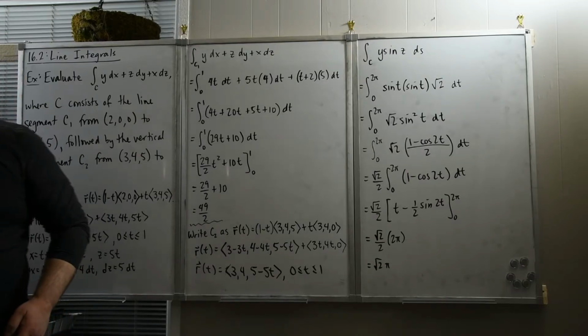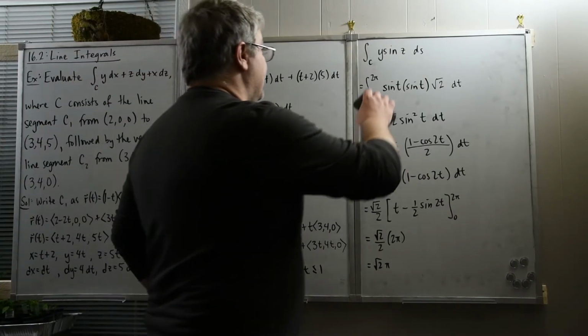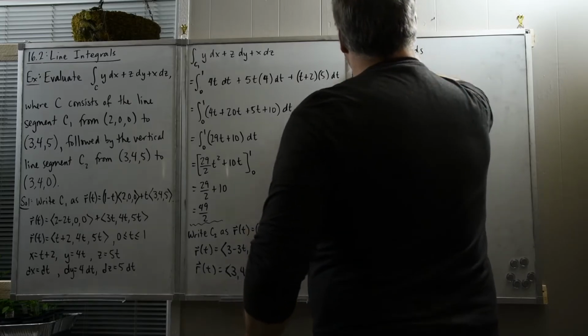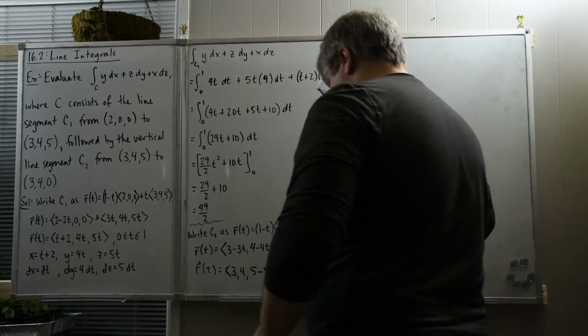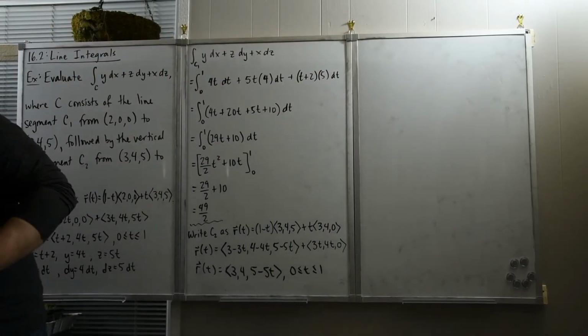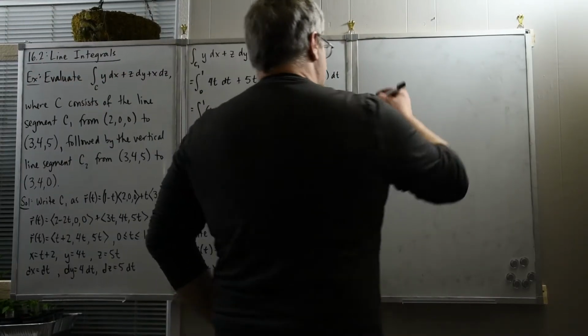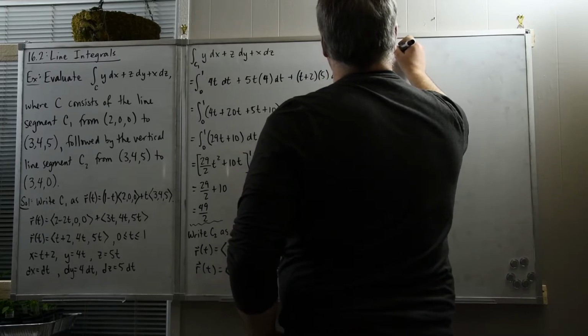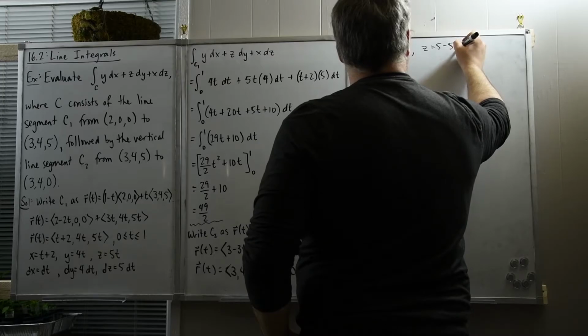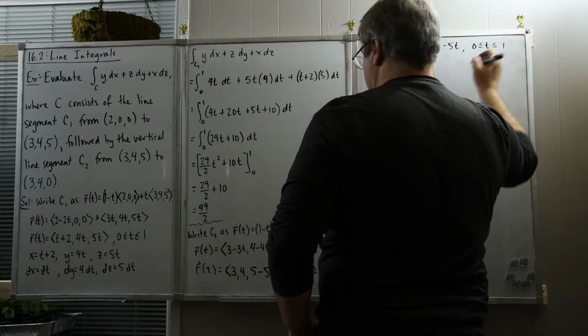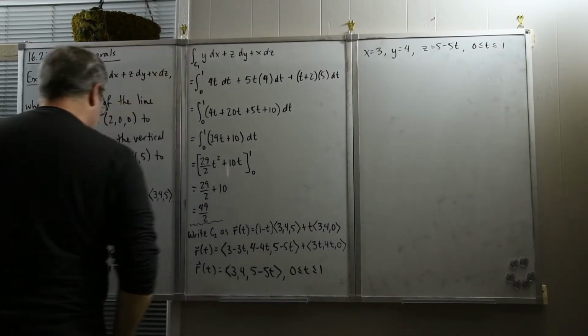So now, if you take a look at x, y, and z, you've got x equals 3, y equals 4, z equals 5 minus 5t, and of course, t ranges from 0 to 1.